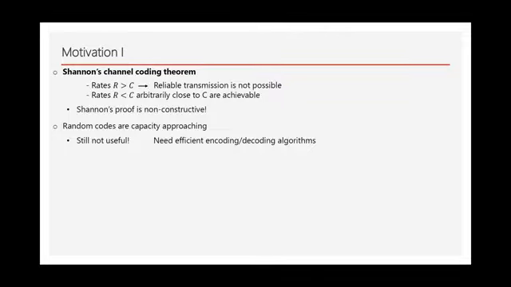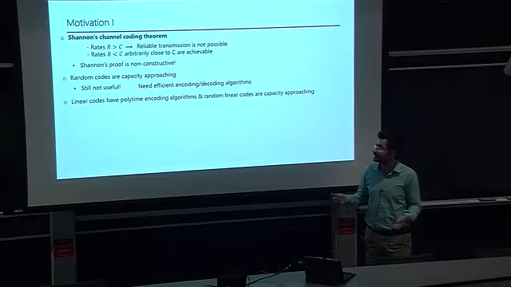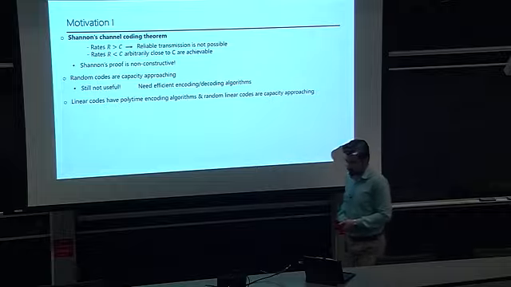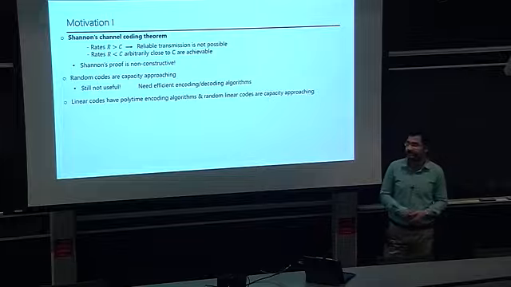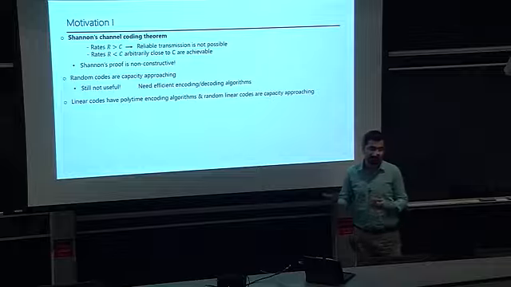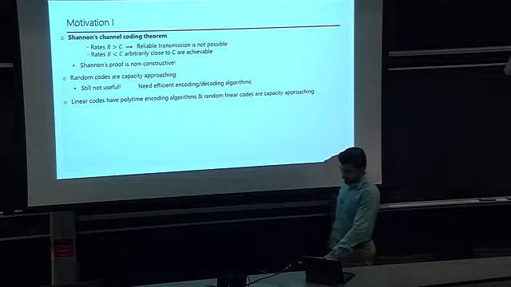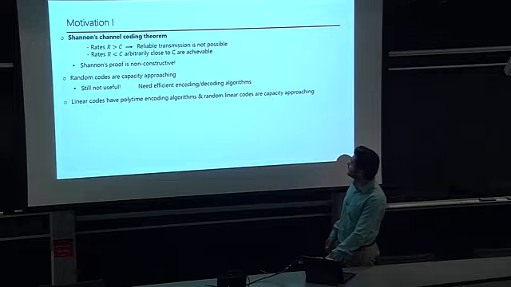That led to the introduction of linear codes, where the code is basically a linear subspace. For encoding, instead of dealing with an exponential size code book, we can specify it by a polynomial size basis. So that solves the problem of encoding.